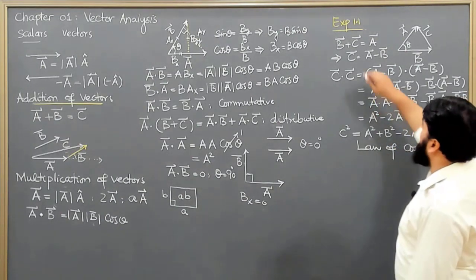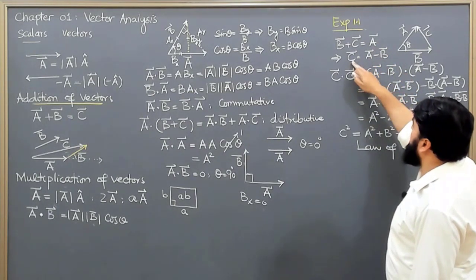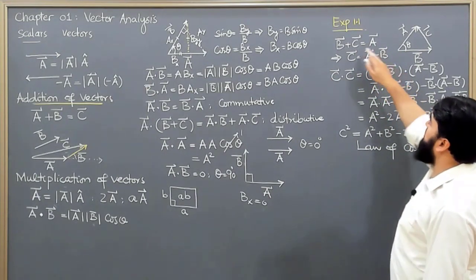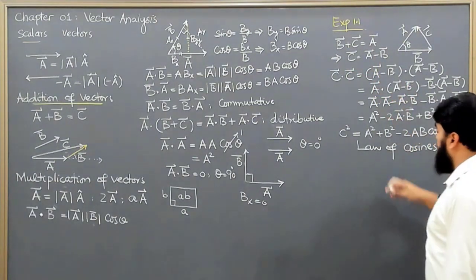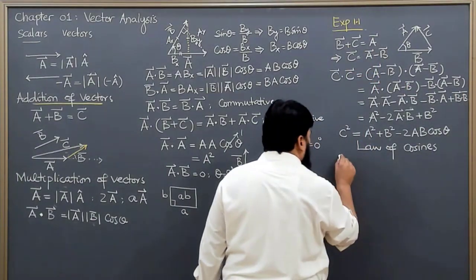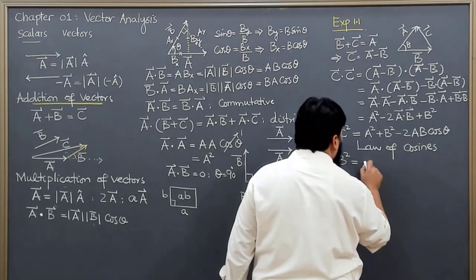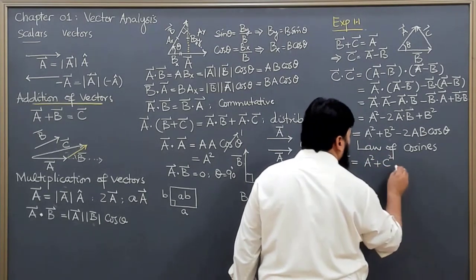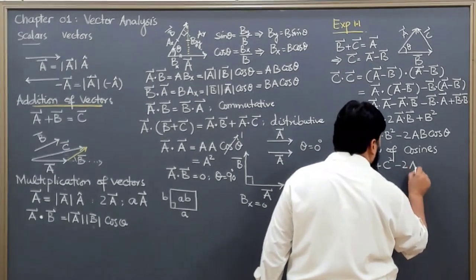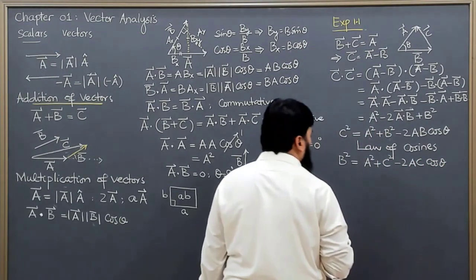Now if I write this one, this is B plus C is equal to A. I have written C equals A minus B. If I write B equals A minus C, so it will be B square, and this will be equal to A square plus C square minus 2AC cos of the angle.